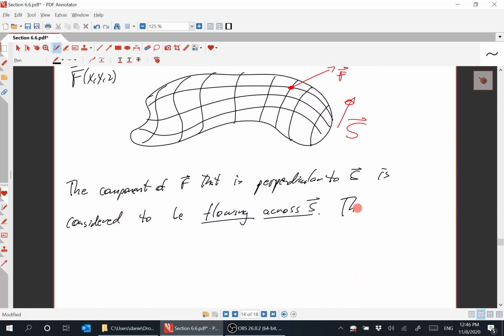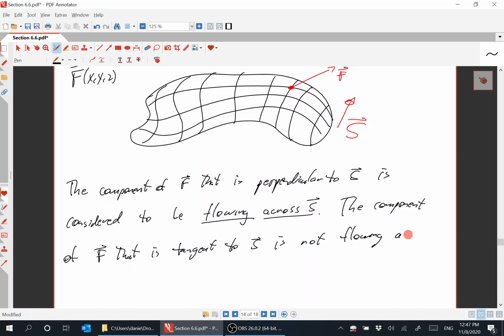Obviously. We're interested in the amount of the force that's flowing through or across that surface, the vector flux across S.